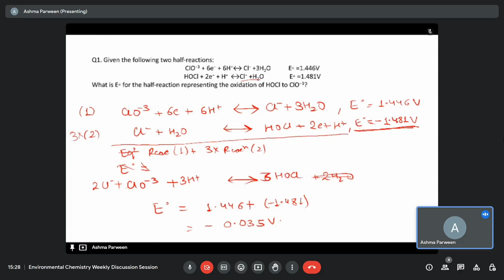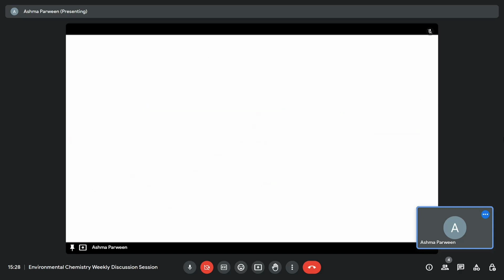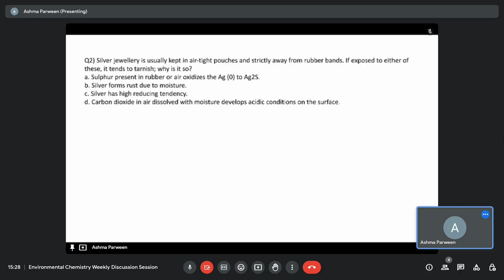So let's move to the next question. The question is: silver jewelry is usually kept in airtight pouches and strictly away from rubber bands. If exposed to either of these, it tends to tarnish.